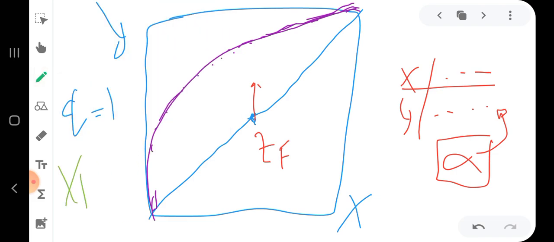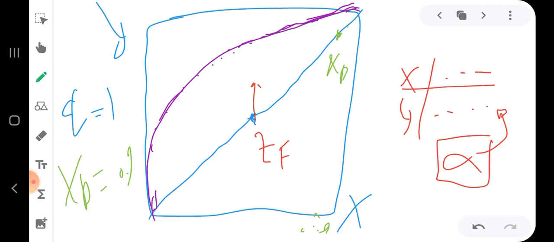For example, if xd is equal to 0.9, so you go here 0.9, it is here. This is your xd. Then what you are going to do is draw different lines.